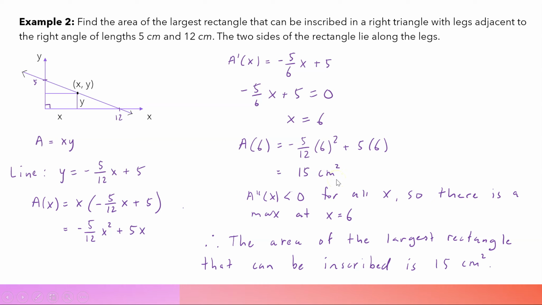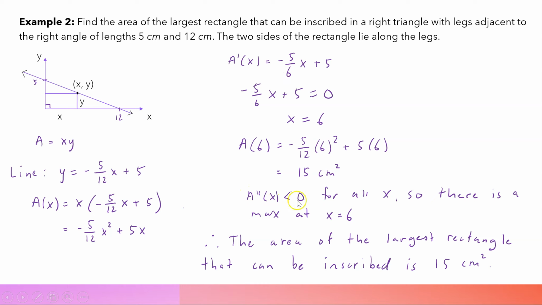Now, to make sure that this truly is a maximum, one way is to find the second derivative, and then see the sign of the second derivative when x is equal to 6. The second derivative of this function is just negative 5 over 6, which is always negative.